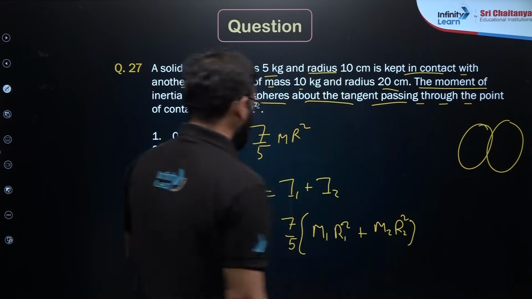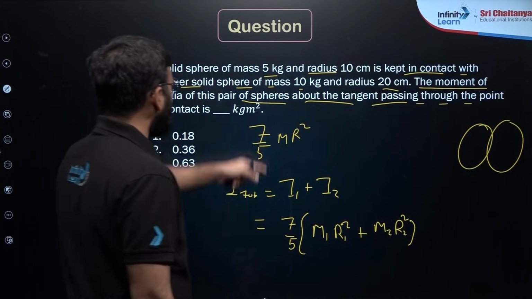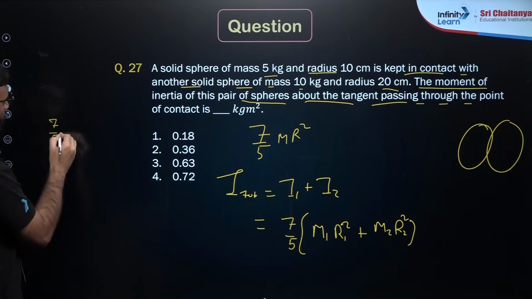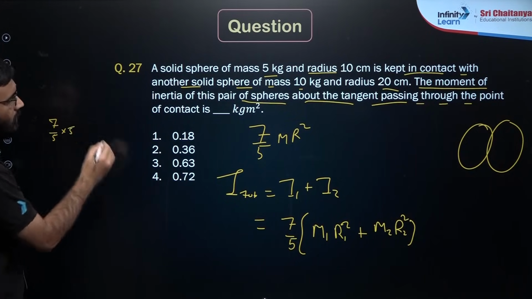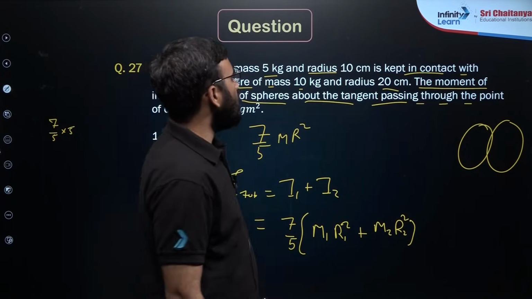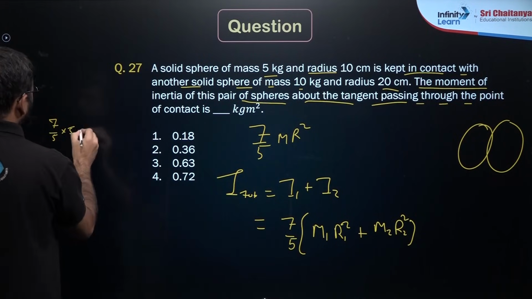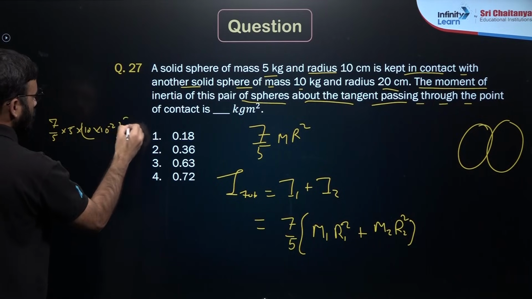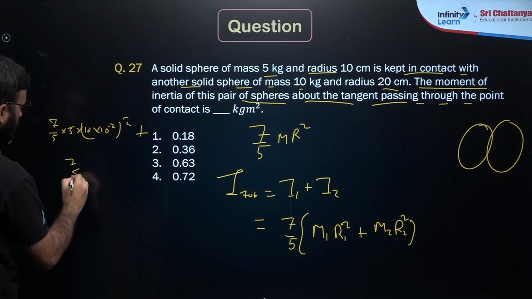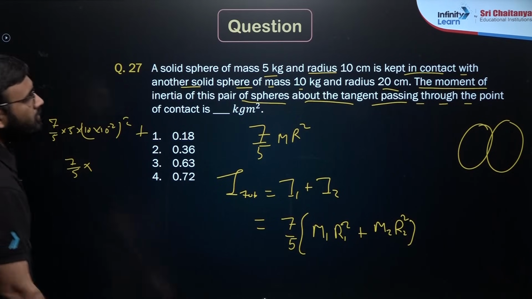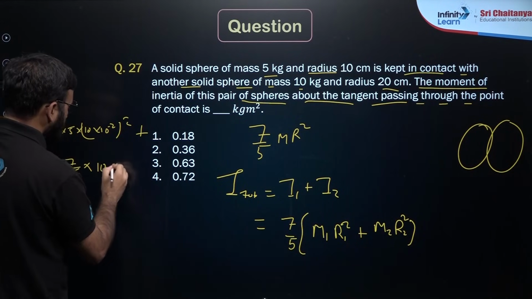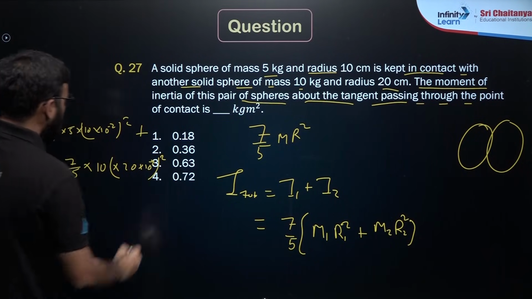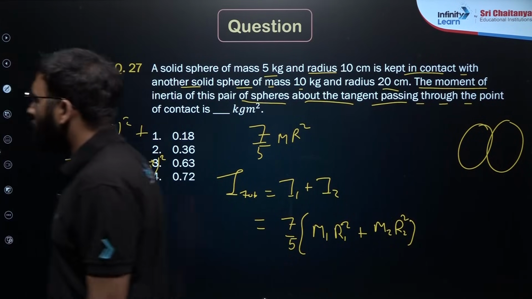There is a square here. So put the values: the first mass is 5, so 7 by 5, m1 is 5, into first radius 10 into 10 to the power minus 2, whole square, plus 7 by 5 into second mass 10 kilogram, into 20 into 10 to the power minus 2, whole square. You can solve both of these and easily get the answer.